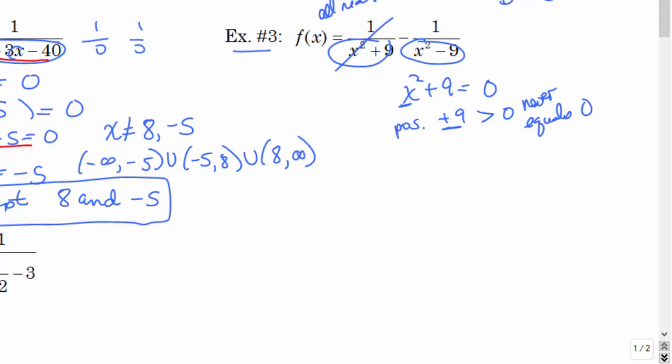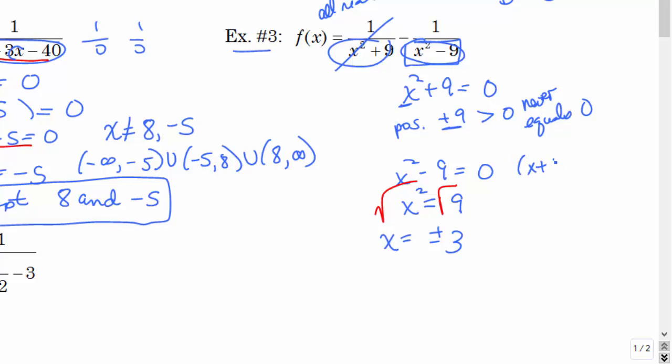This is all reals. But what about x squared minus 9? Can that equal 0? Yes, it can. So we could factor that, or we could just solve for x. I'm just going to solve for x by adding 9 to both sides. Take the square root, and you get plus or minus 3. So that's the thing you have to be careful about if you're not going to factor it by the difference of two squares.